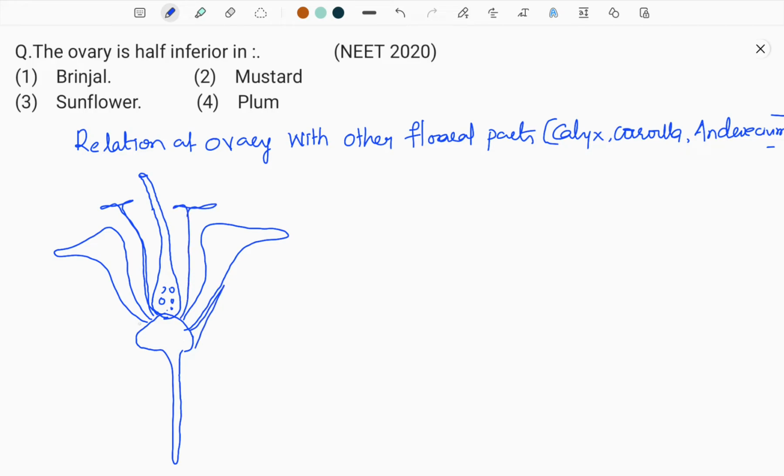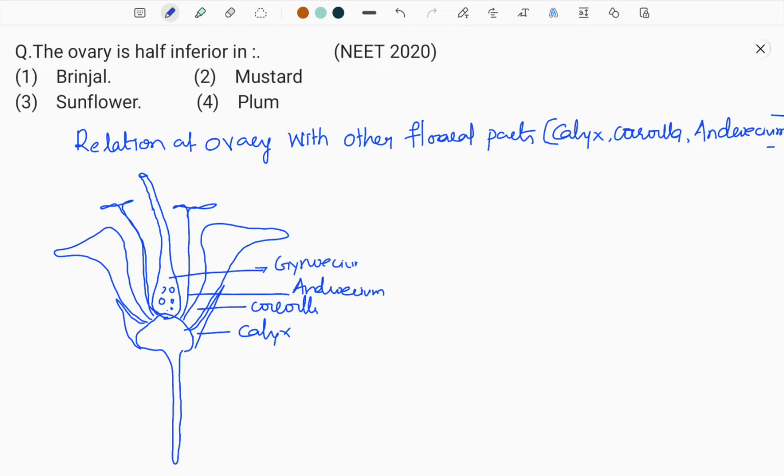And this is the calyx. Right, we have seen here the LS of a flower. Let me draw once again. It is calyx. This is corolla. And this is androecium, that is stamens, and this is the ovary, that is the gynoecium.